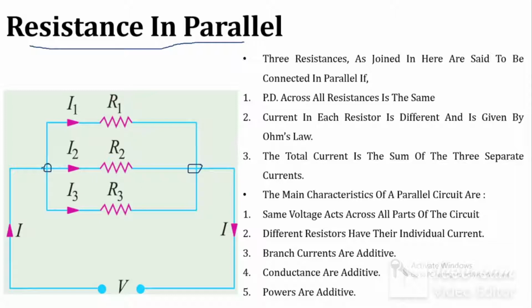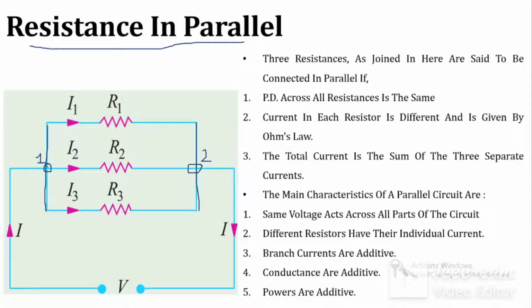So now how to identify the parallel connection? Let's suppose this is the terminal 1 and this is the terminal 2. So parallel connection can be identified this way, that all the terminals of R1, R2 and R3 are connected at the same point, that is the first point, and the ending connection is at the second point.